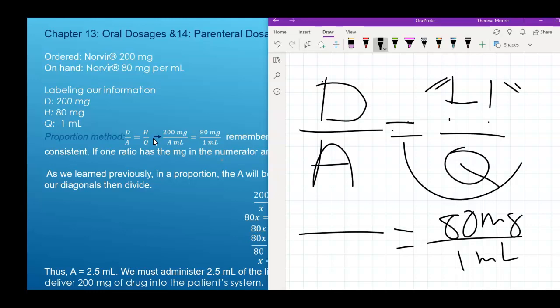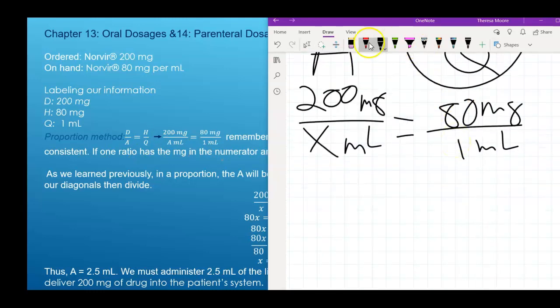So I want to find the equivalent fraction where the numerator is 200 milligrams. So I'm basically calculating how many milliliters I have to administer. How many milliliters of medication do I have to administer to get 200 milligrams of drug into the patient? So what you're administering is proportional to the concentration you have on hand.